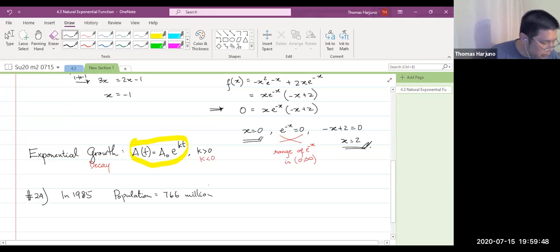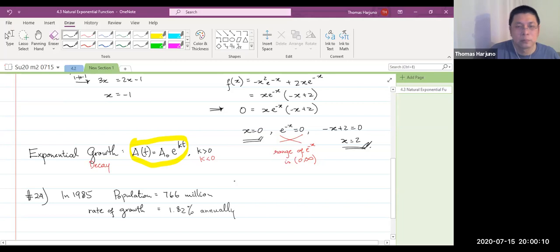And then the population has been growing continuously at a rate of growth of 1.82% per year annually. So, if 1985 is the reference, then A sub 0 equals 766. And this rate of growth, 1.82% annually, tells us that k equals 0.0182.